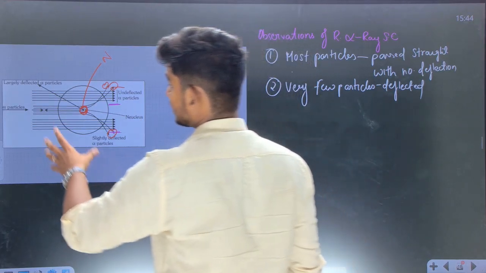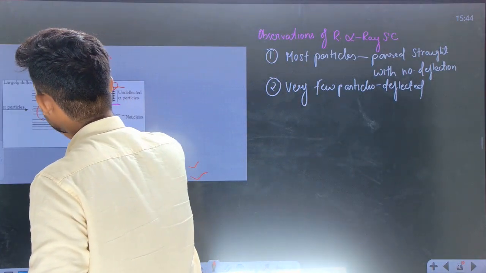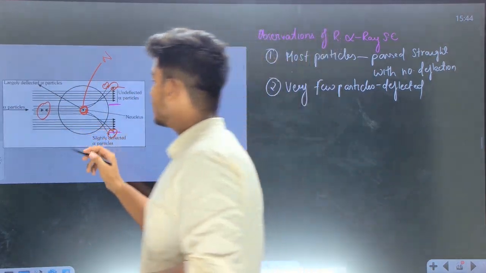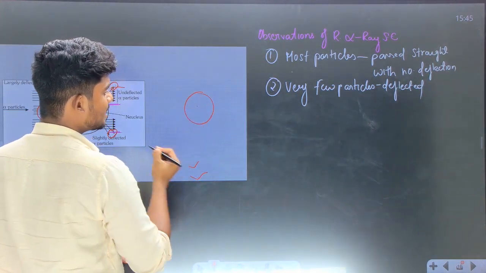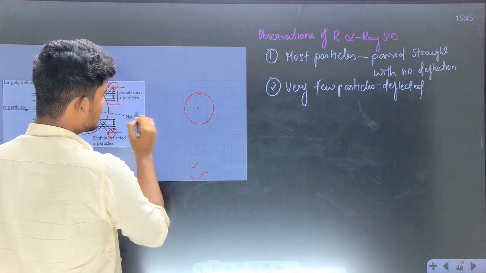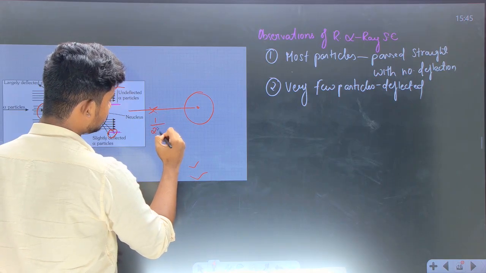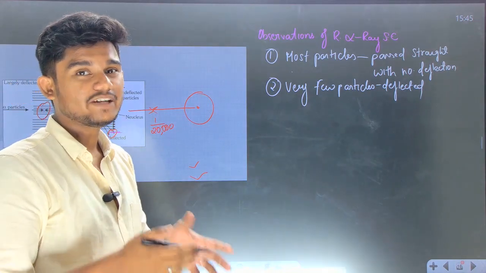Coming to the third and the most important observation: 1 out of 20,000 alpha ray particles, only 1 out of 20,000, had a straight deflection. So considering this to be the atom and this to be the nucleus, there was only 1 out of 20,000 that shows a 180-degree deflection.